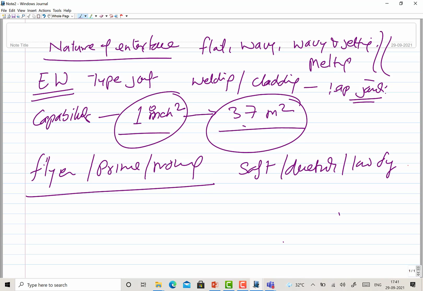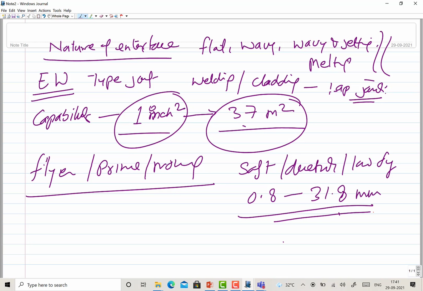But there are thickness limitations for the flyer, not for the substrate or the heavy section component. Usually the flyers in the range of thickness from 0.8 to 31.8 mm section thicknesses can be used for cladding or for the joining purpose.